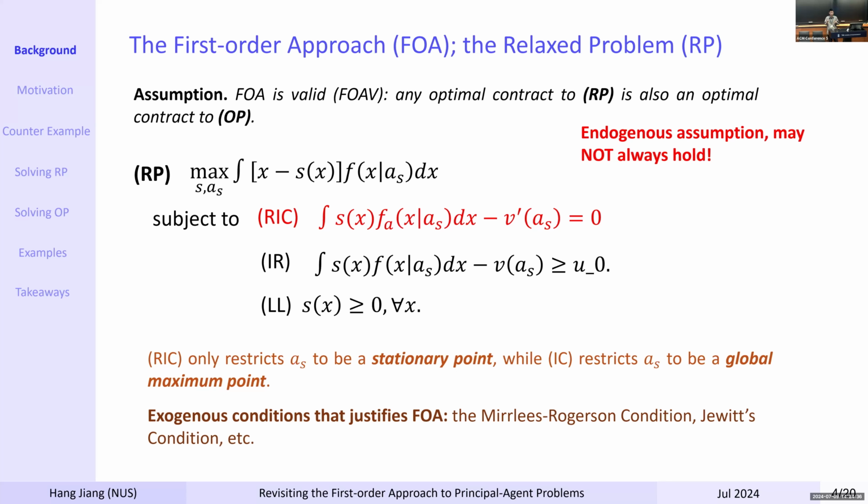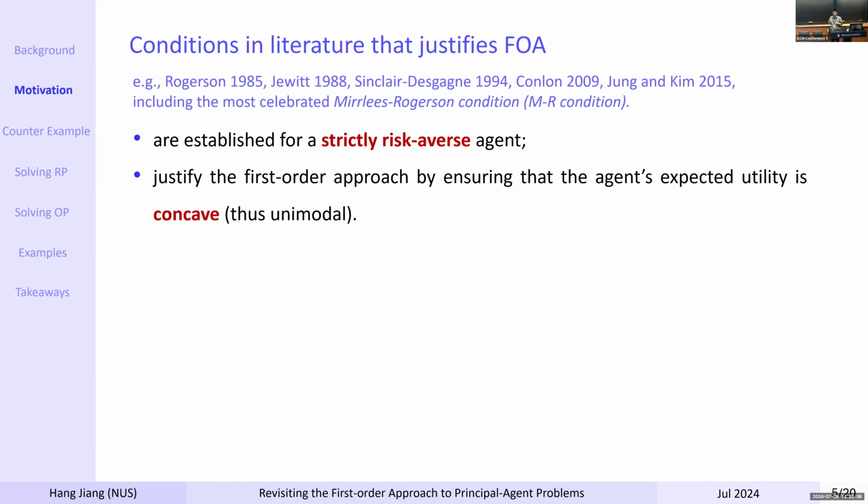Based on the model primitives, we can know when RP is equivalent to OP, and then we can use these insights to handle real scenarios. The exogenous conditions that justify the FOA include the Mirrlees-Rogerson condition, developed by Mirrlees and Rogerson in the 1970s-80s, and also the Hughes condition, and all the following conditions in the literature that justify the first order approach.